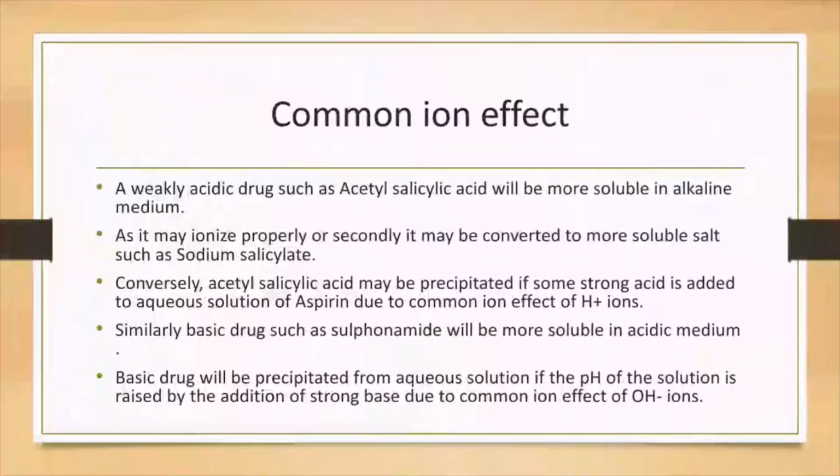As acetyl salicylic acid is acidic in nature, upon dissociating it yields H plus ion, and if some strong acid is added, it also liberates H plus ions upon ionization. So here the H plus ion is a common ion, and as its concentration increases inside the media, the weakly acidic drug like aspirin may get precipitated.